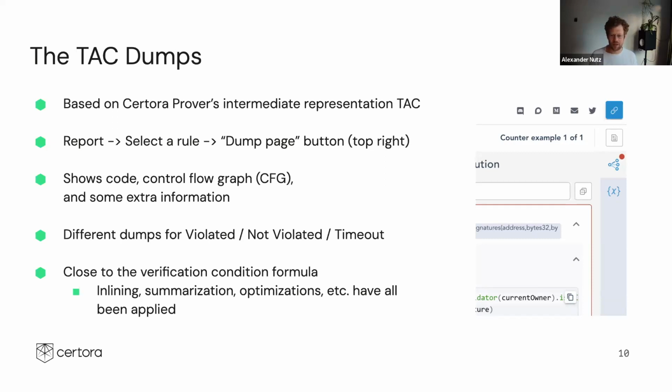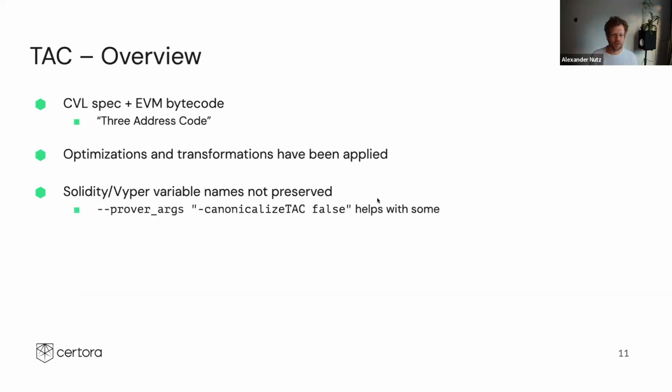On the plus side, if you've summarized all nonlinear operations away and they show up in the tag, then the summary apparently hasn't worked, or something else went wrong. So in a way, tag speaks truth in terms of what actually ends up in the formula. So that's the button.